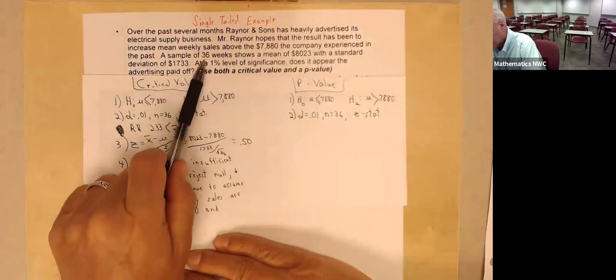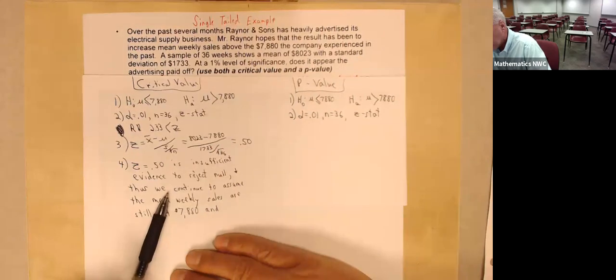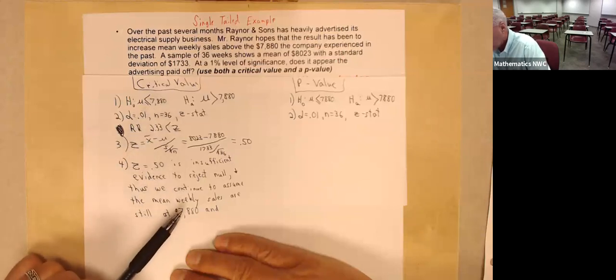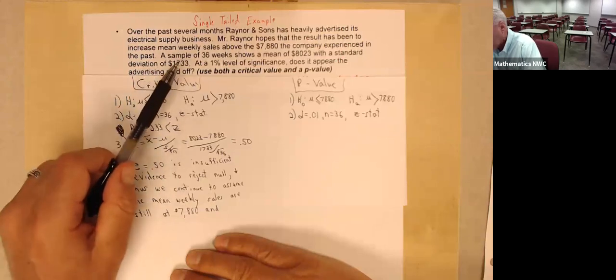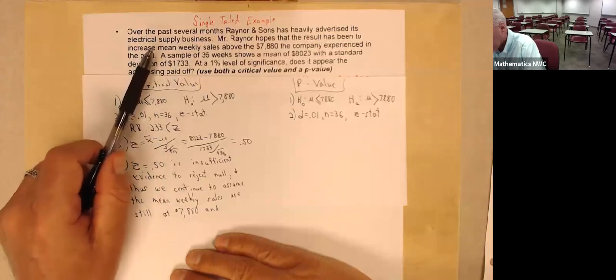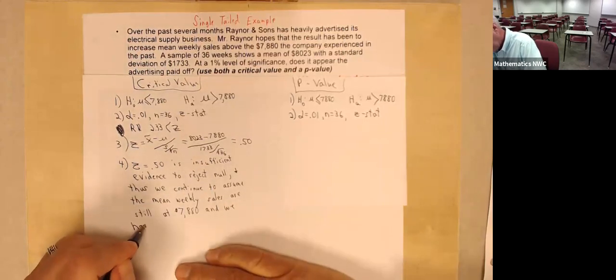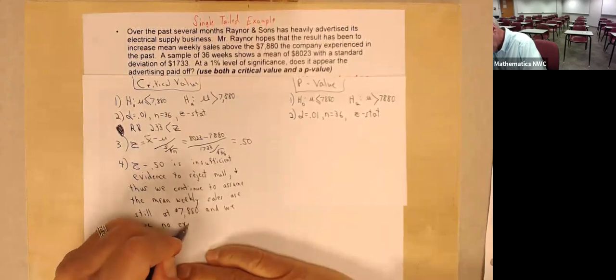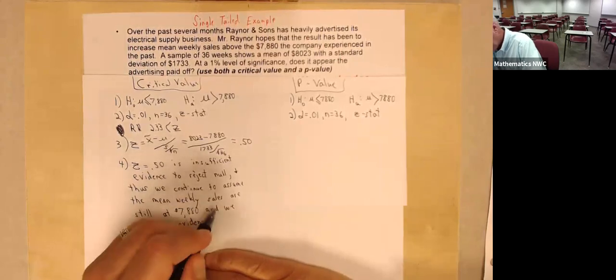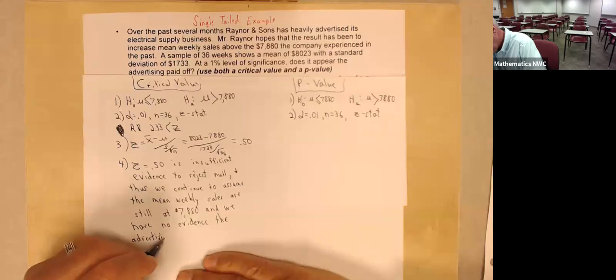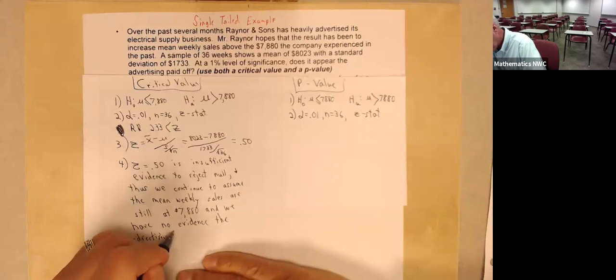We've done that for 36 weeks, and I have insufficient evidence to doubt the historical 7880. Because I have insufficient evidence, I really have no evidence that the advertising has paid off. And we have no evidence the advertising has paid off.